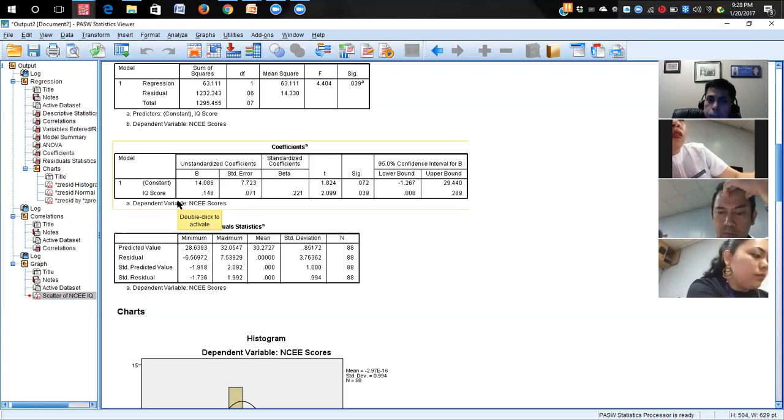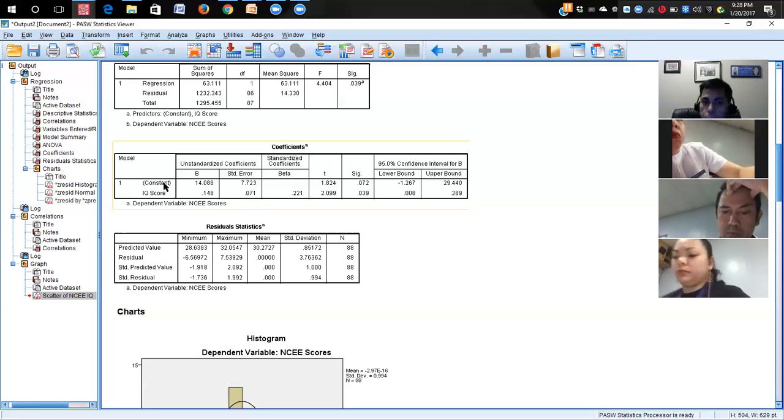predictive value. And this is the most important output, the standardized coefficient beta, because it tells you where the model is when the constant is zero, when the independent variable is zero. So in our case, the independent variable here is IQ.